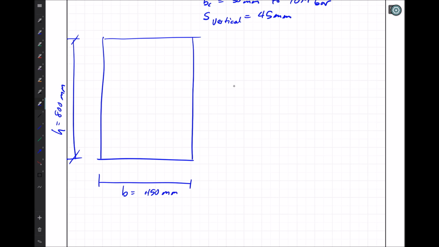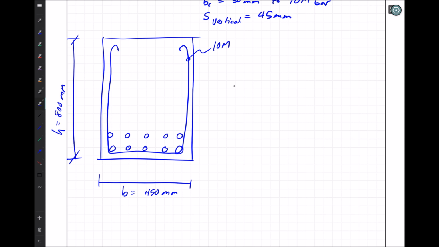Inside of it, we're going to have a stirrup that was given to us as a 10M bar. So this is 10M. We know that inside of that we've got 1, 2, 3, 4, 5 bars. On top of that, 1, 2, 3, 4, 5. So here we've got 10.